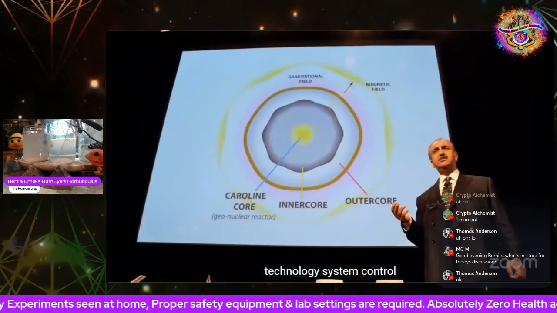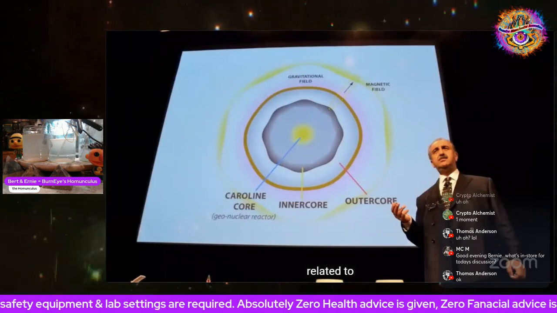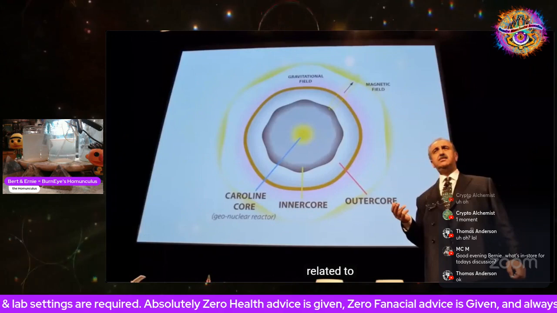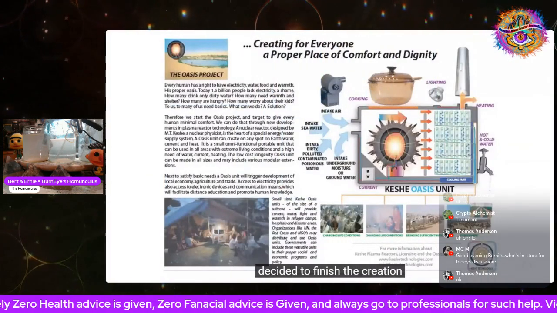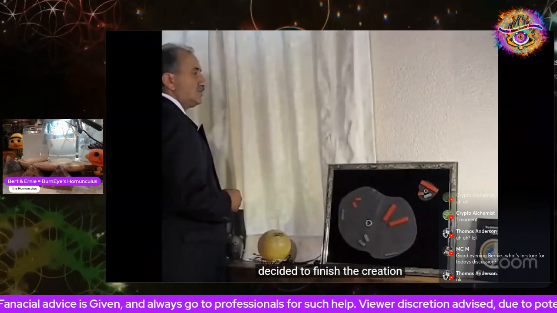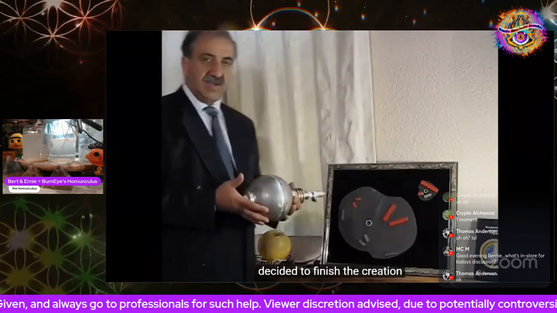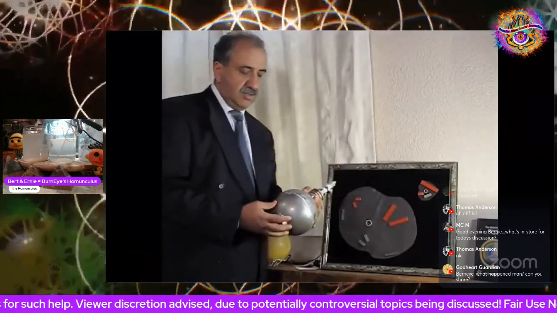At that time, he developed a number of theoretical ideas related to more simple nuclear concepts and their applications. In 2002, he decided to finish the full design of his ideas about nuclear technology. This included the creation and control of gravity and energy by the use of nuclear materials in a clean and safe hydrogen reactor.